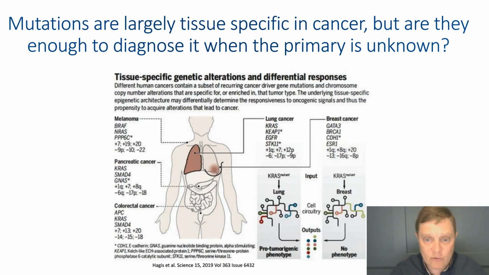And so we can look at the work that's already been done, looking at tissue-specific molecular alterations, and how that can help define and differentiate disease types. That's especially important when we don't know the primary. About 5 to 7% of cancer patients, metastatic cancer patients, do not know what type of cancer they have. And so the way that we treat a lung cancer is very, very different than the way we treat a colorectal cancer patient or a pancreatic cancer patient.